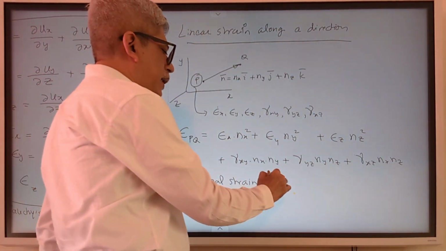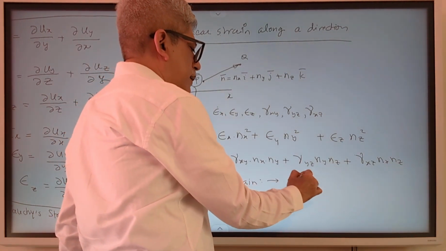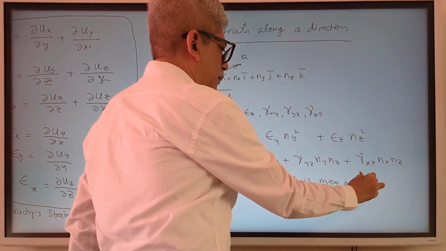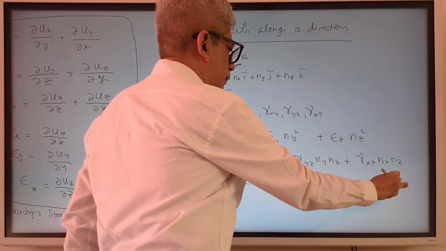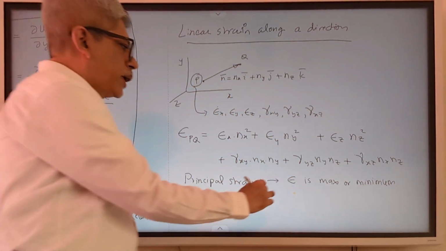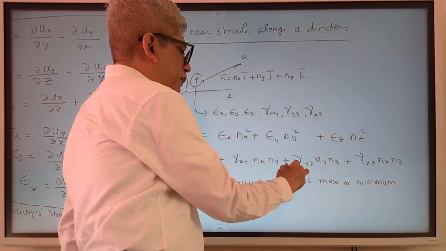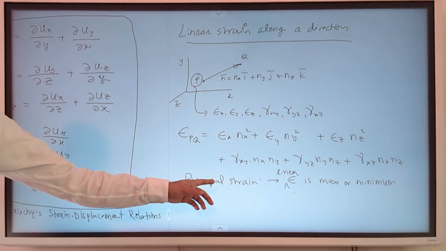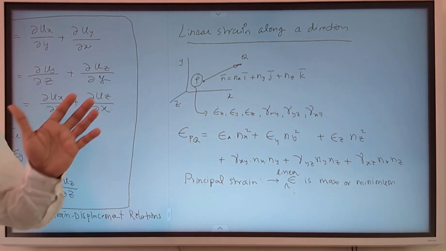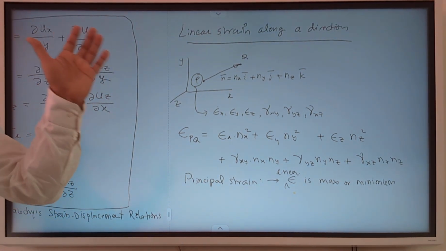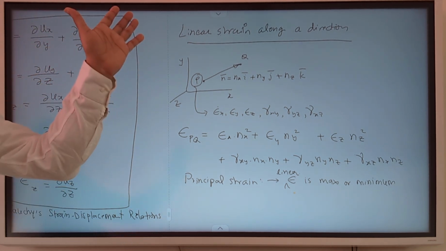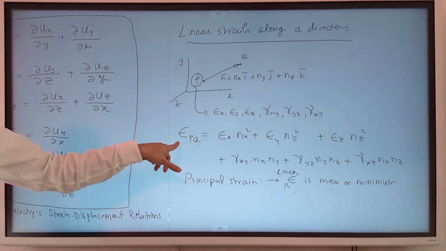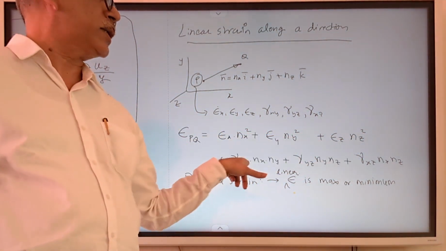So the principal strain means that strain is either maximum or minimum. Here we are talking about linear strain. We would like to know what is that n bar, or what are nx, ny, nz, along which the strain is maximum, where the strain in any arbitrary direction is given by this particular expression.